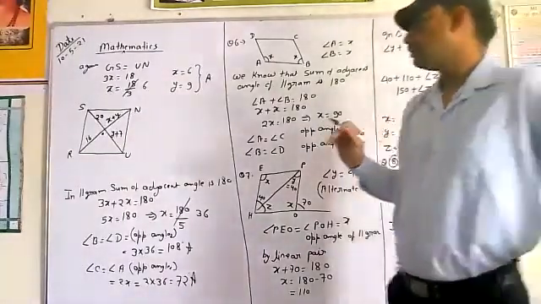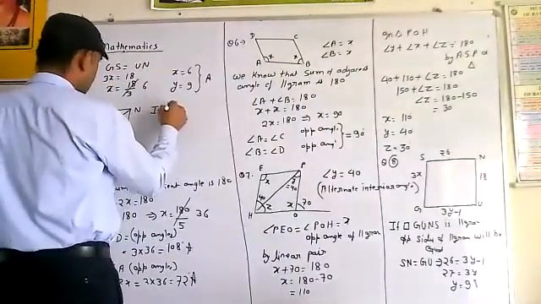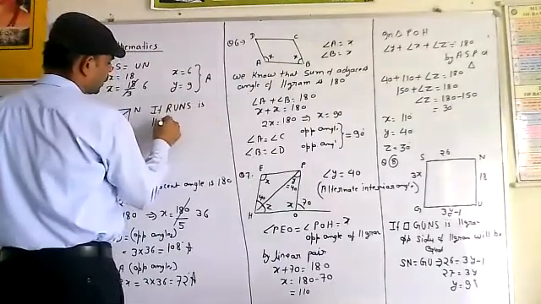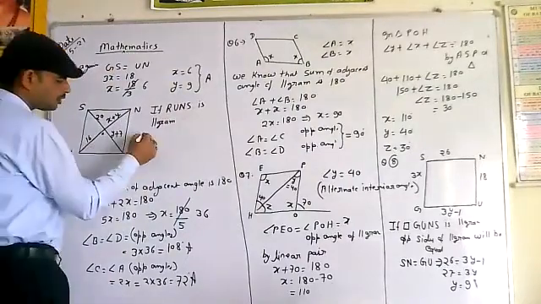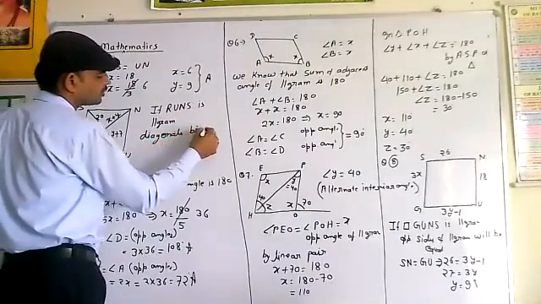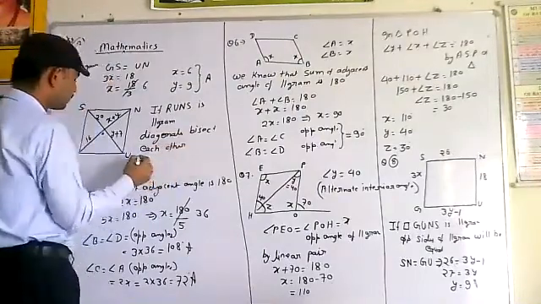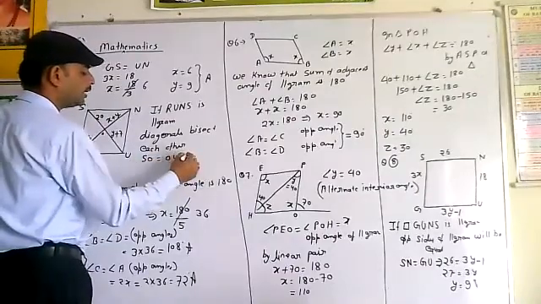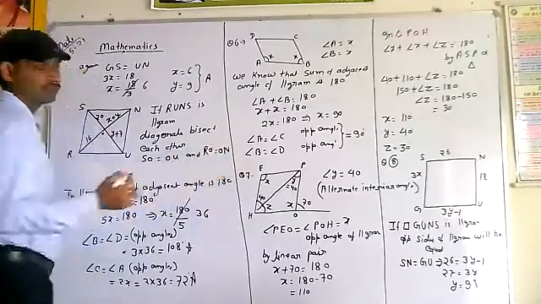So now listen, if RUNS is a parallelogram, diagonals bisect each other. So SO is equal to OU and RO is equal to ON.